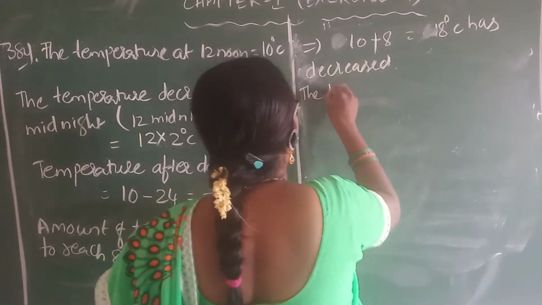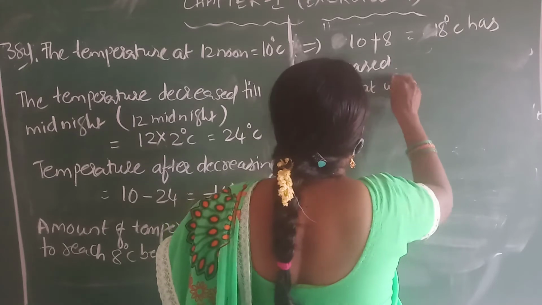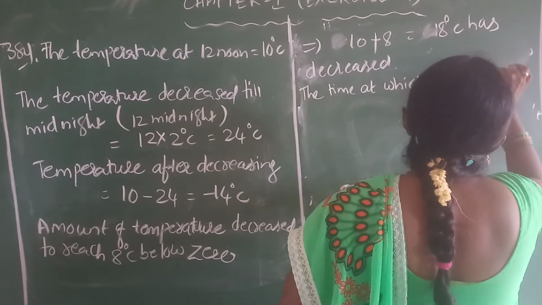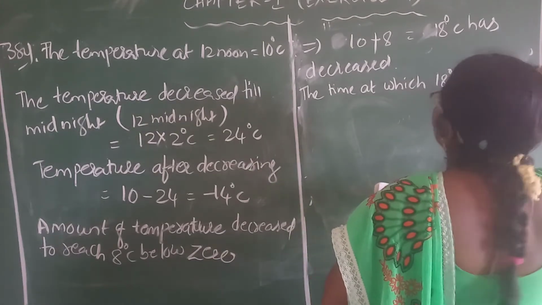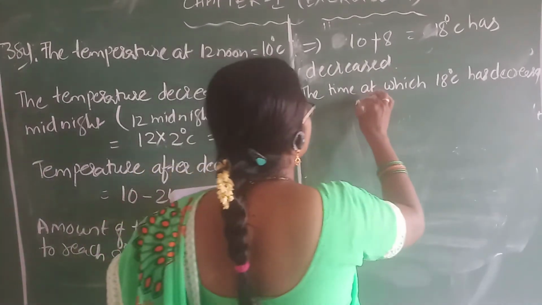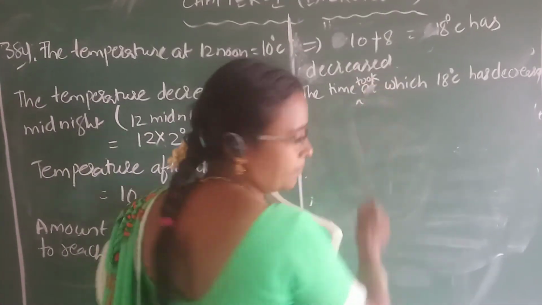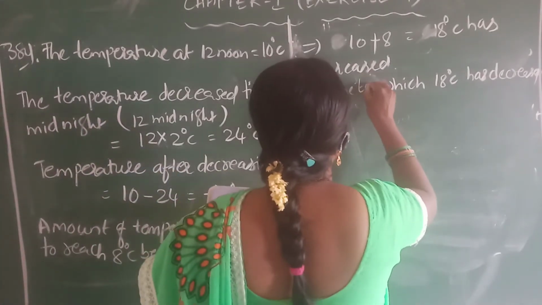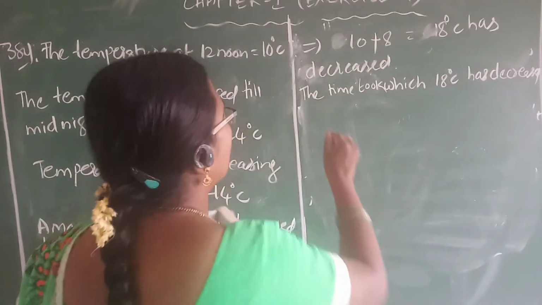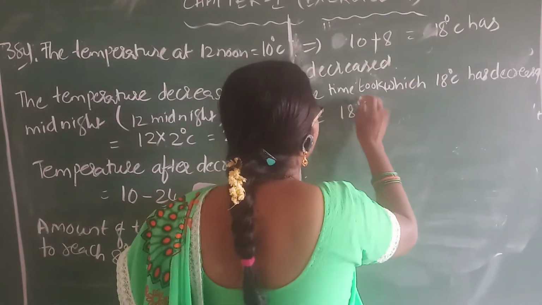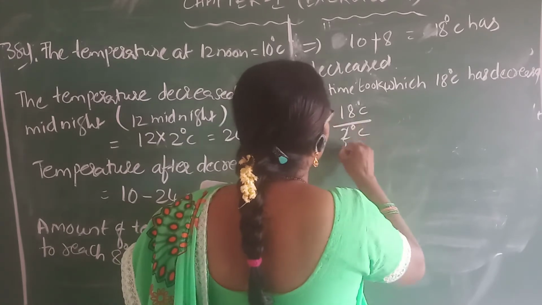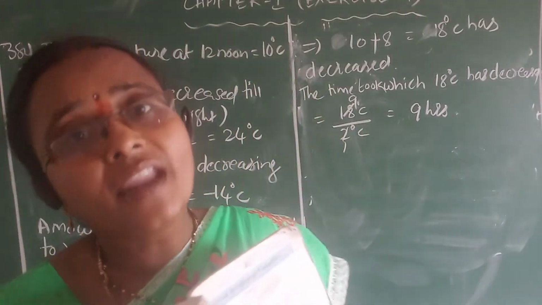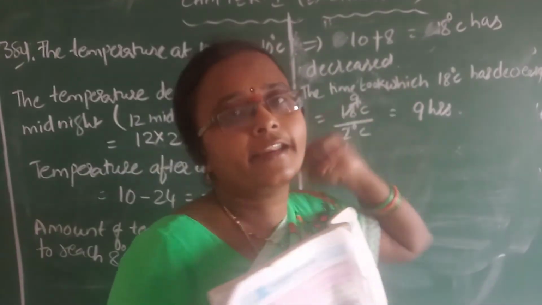The amount of time it took to decrease the 18 degrees centigrade, we shall see, is equal 18 degrees centigrade by 2 degrees centigrade. 2 ones are 2, 2 nines are 18. Totally 9 hours it took. It took 9 hours to decrease 18 degrees centigrade.